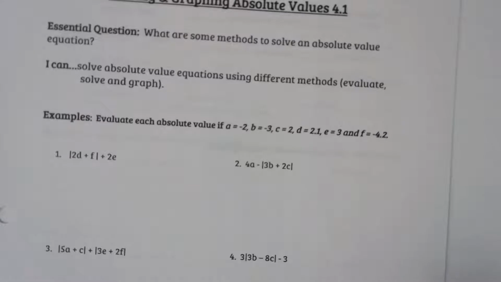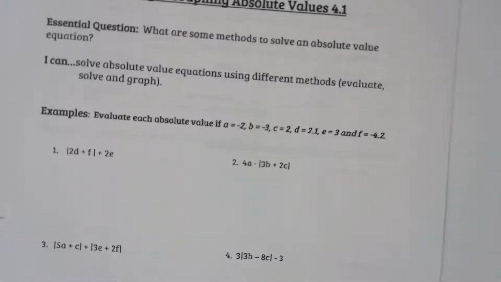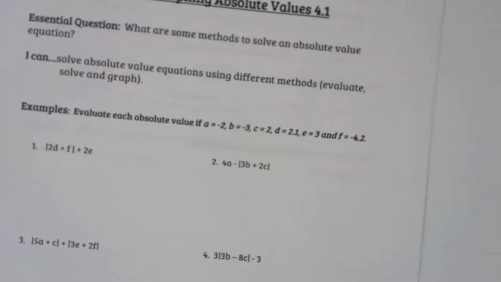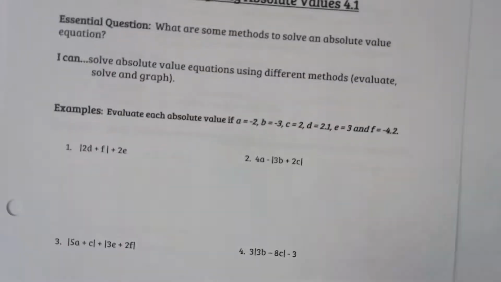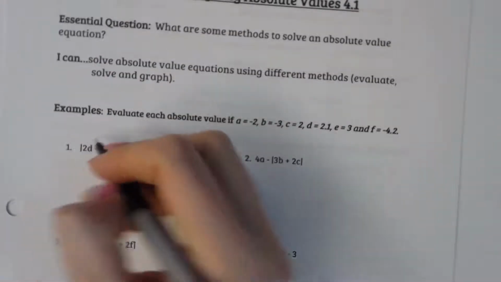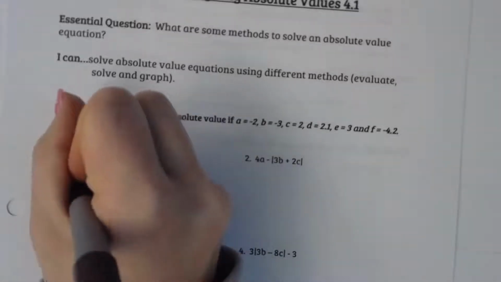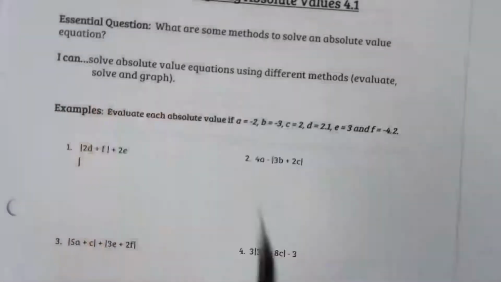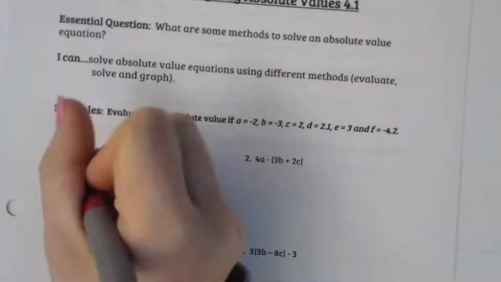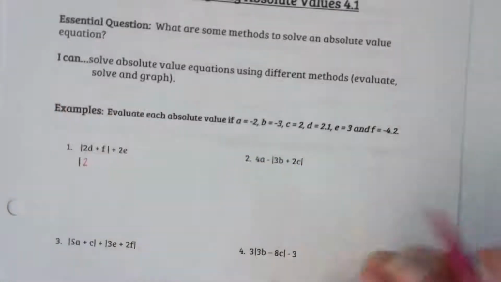So first thing that you are going to want to do is input all of your values for your variables. I'm going to keep my absolute values black just so that we can tell the difference and they don't look like ones to confuse us. So 2.